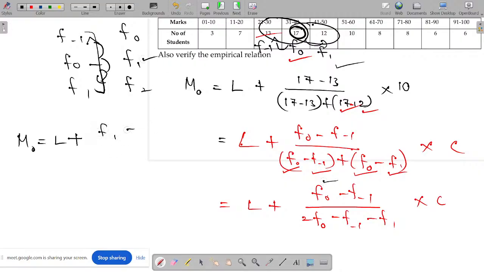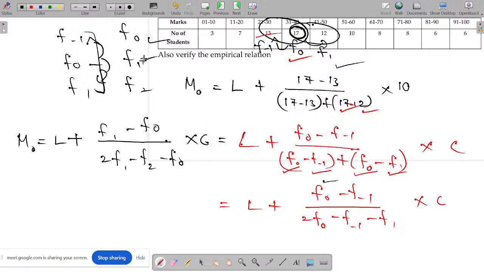So F1 minus F naught divided by 2F1 minus F2 minus F naught, into C.